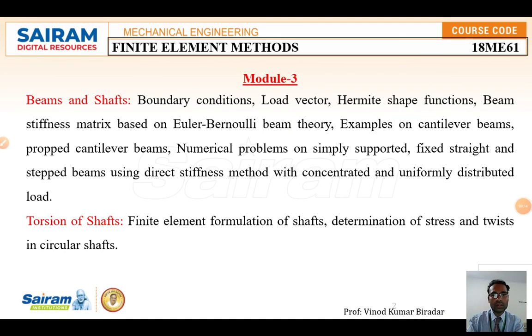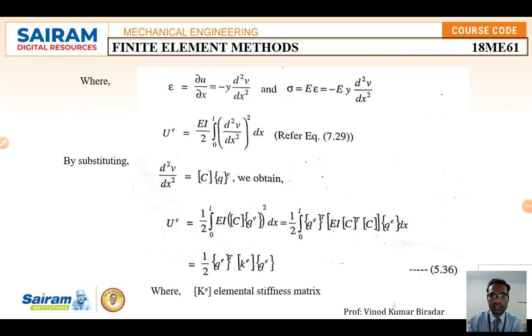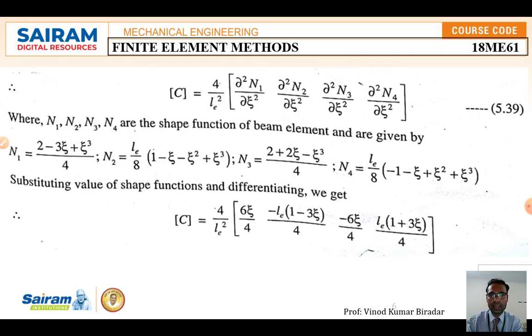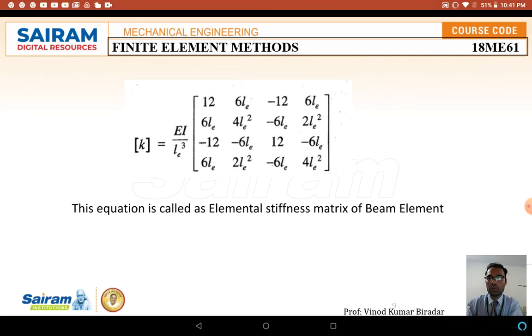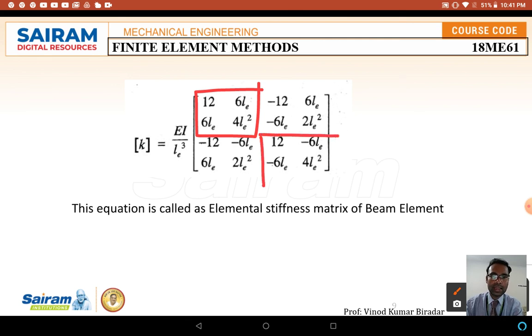Here, what you want to remember is this, and I already told you how to remember this formula. First you have to remember the EI by L cube factor and the first 4 terms. After remembering these 4, write them as they are on this side, and on the other side put a negative sign, so put minus, minus here.